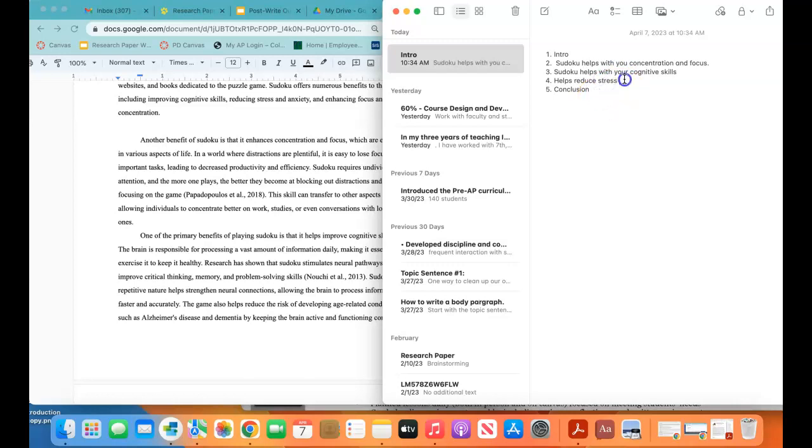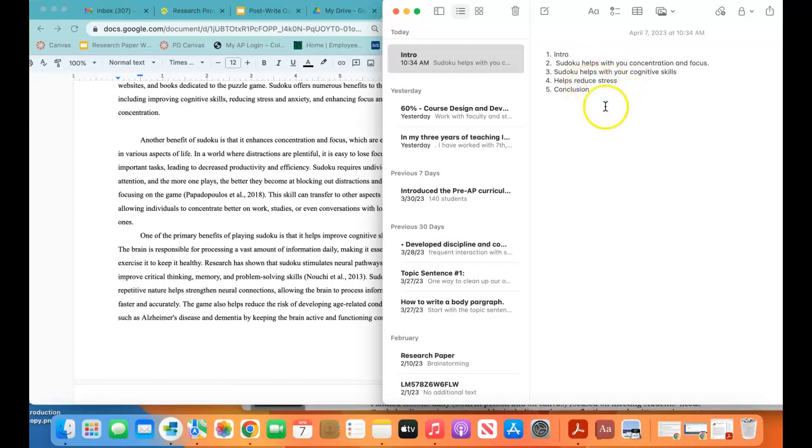Well, helps with concentration and focus. I feel like that's pretty important. How about helps reduce stress? Well, we all have stress in life. It's helpful to reduce stress. However, there's lots of different ways we can reduce stress, so I don't know if that's the biggest selling point. I feel like it's a bonus. So I like where the reduce stress paragraph is.